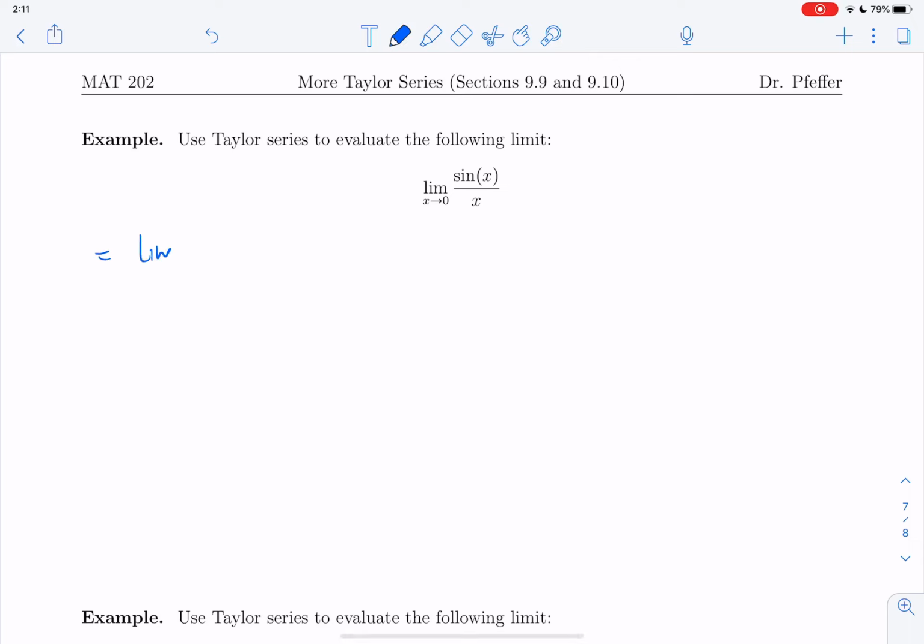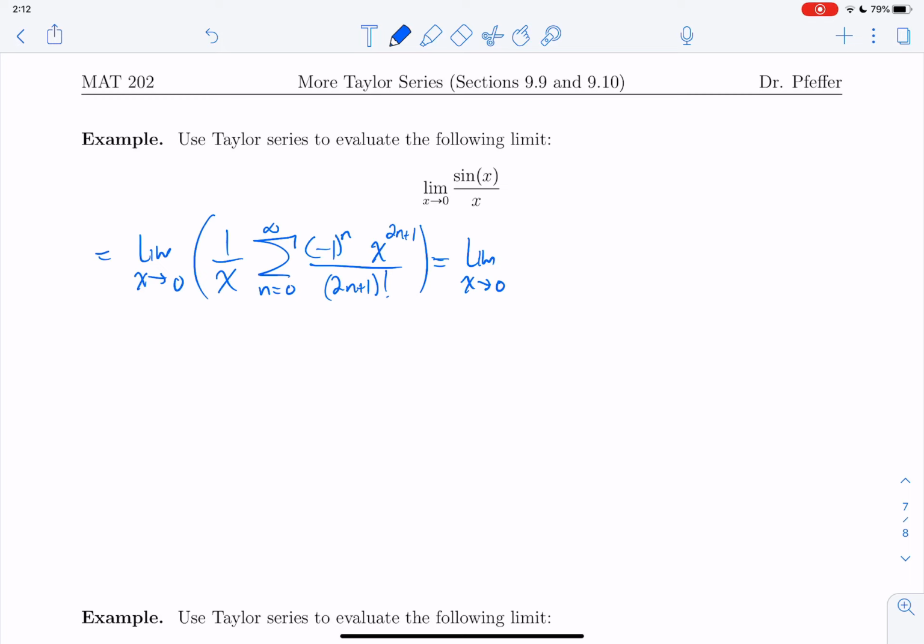This is the same as the limit as x goes to 0 of sine of x over x, which is 1 over x times the series from 0 to infinity of negative 1 to the n x to the 2n plus 1 over 2n plus 1 factorial, which is going to be the limit as x goes to 0 of, well, let's write out a few terms.